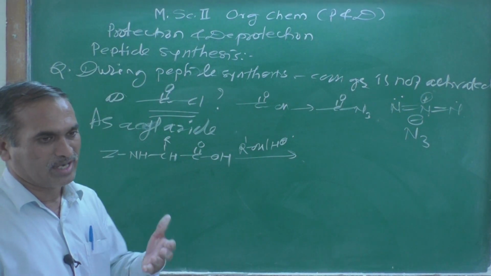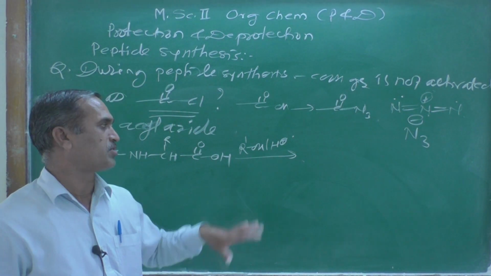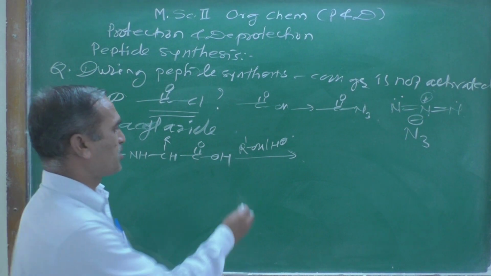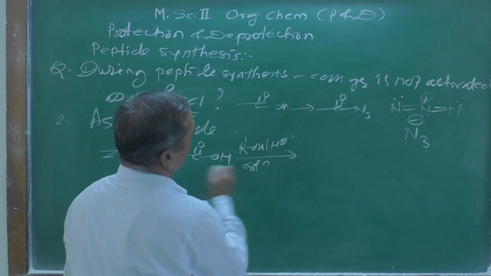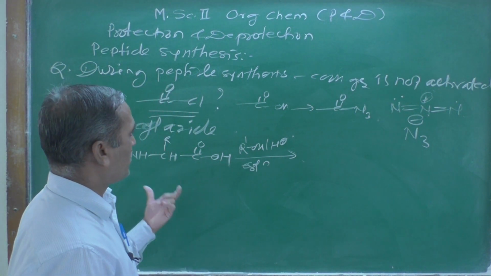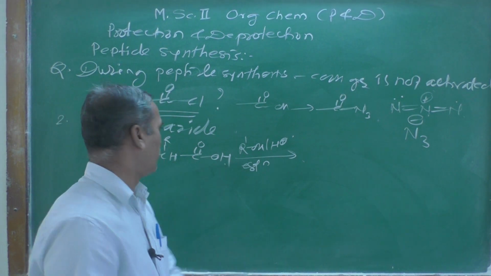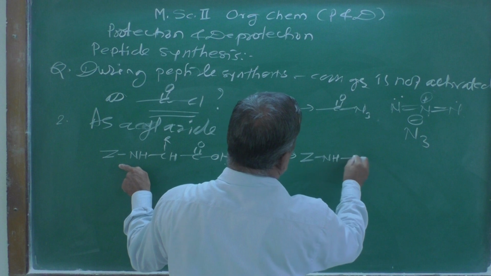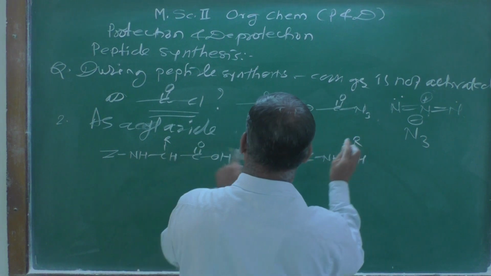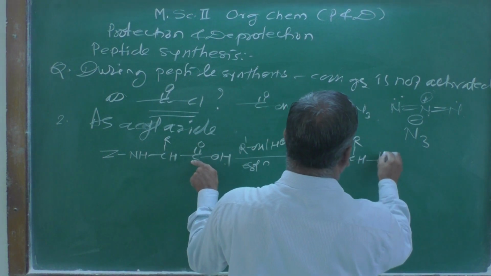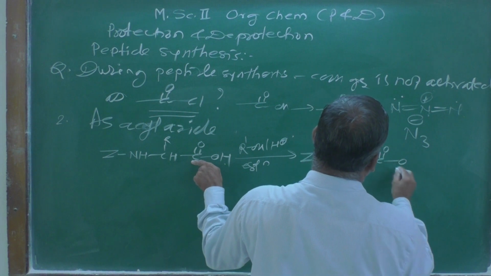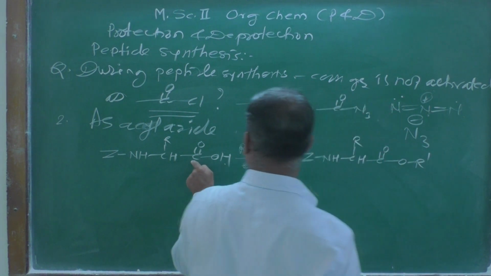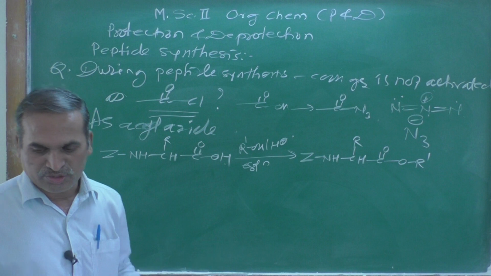As we know, it is a well-known reaction, this process is known as esterification. The ester will be formed here: Z, then NH, CH, R, then C double bond O, then O R dash. That is the ester is formed.